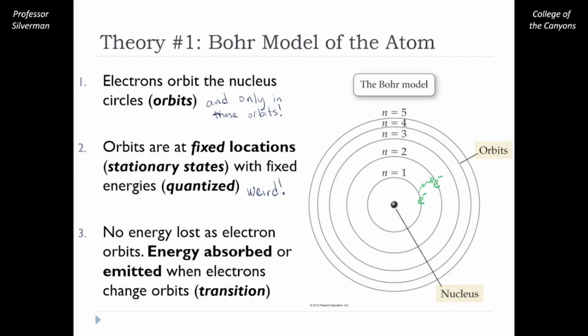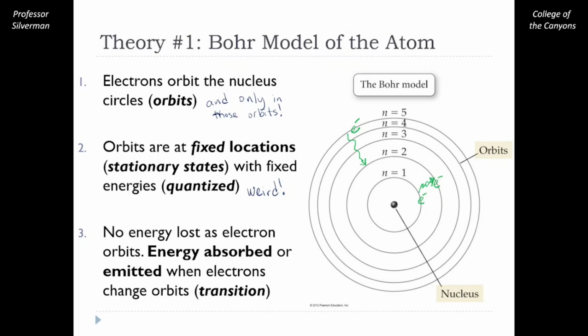If you want to make your electron move from the first to the second orbit, you need to absorb some amount of energy. If you want to have an electron up here at the 5th energy level, it can fall down from 5 to anything lower.